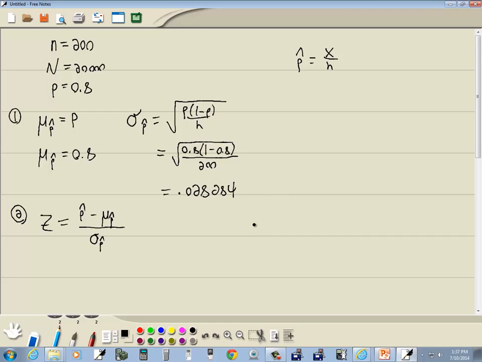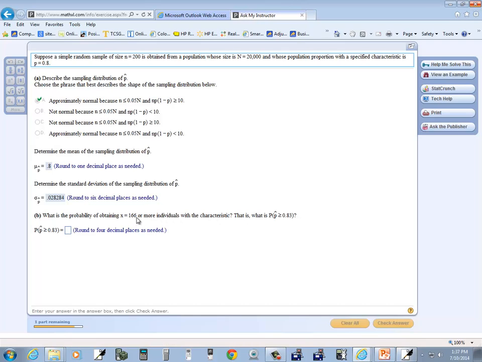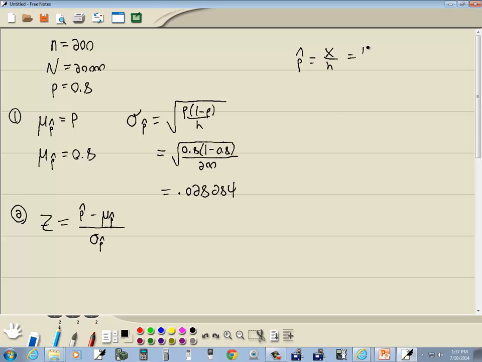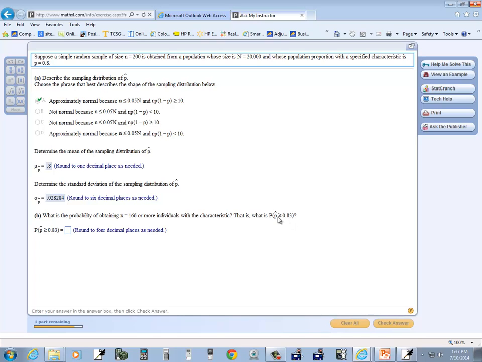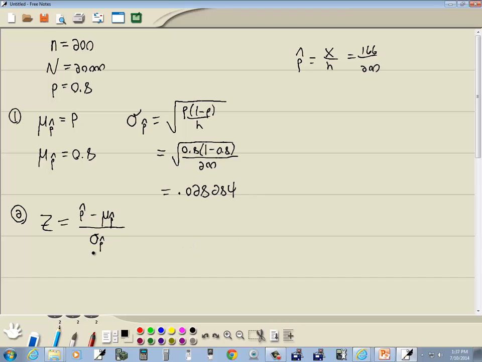So it wouldn't be a big deal to switch it, because they tell us x is 166 and little n is 200. But they go ahead and tell you that p hat converted over is 0.83. So p hat is 0.83 minus mu sub p hat, which is 0.8, over sigma sub p hat, which is 0.028284.